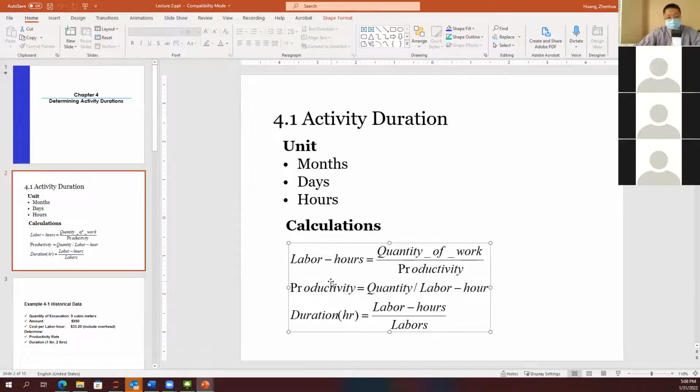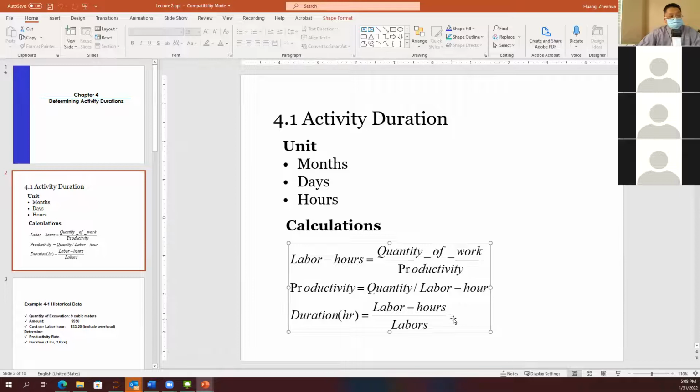If I have that, and now I have a new project coming, I can estimate the expected quantity of work. Expected quantity of work divided by my historical productivity gives the estimated labor hours. How many labor hours are needed?